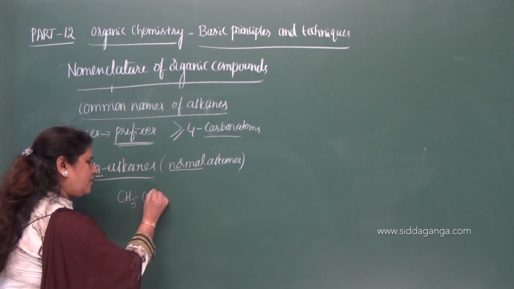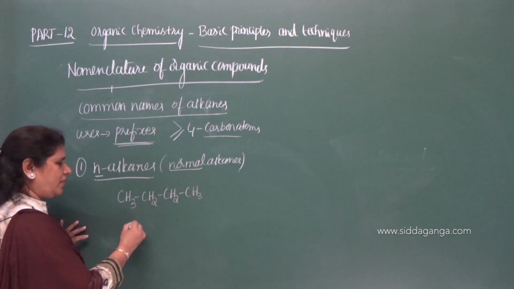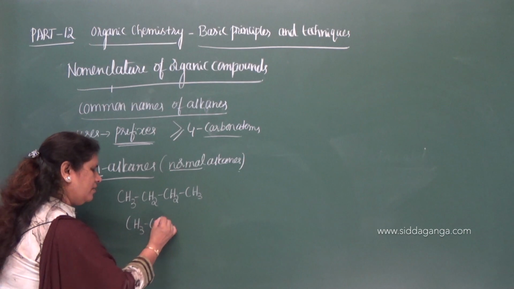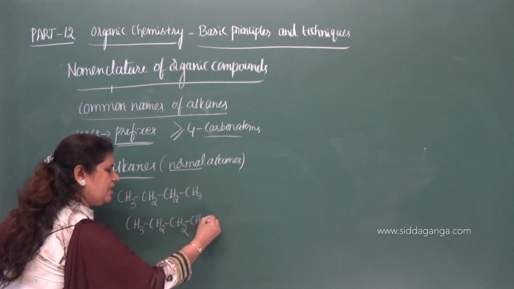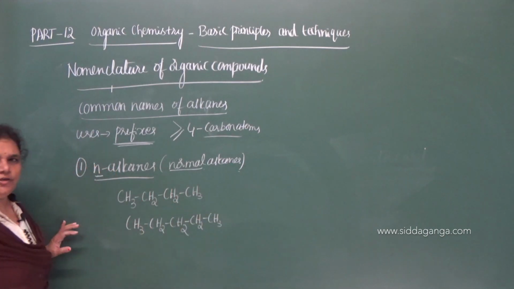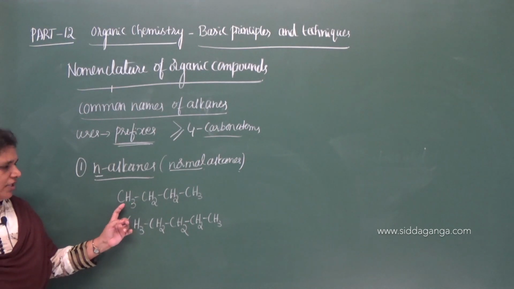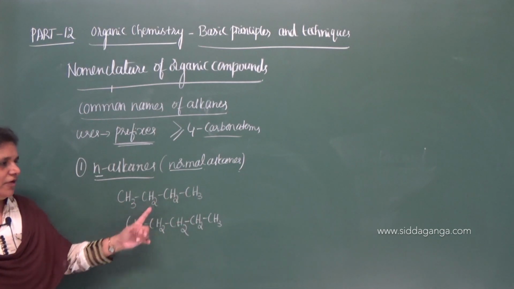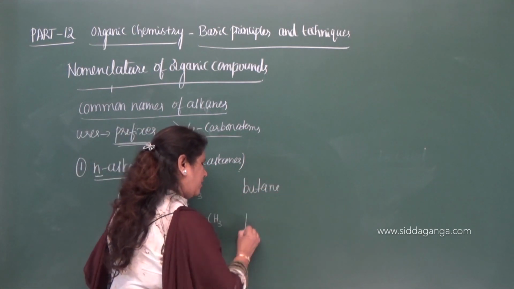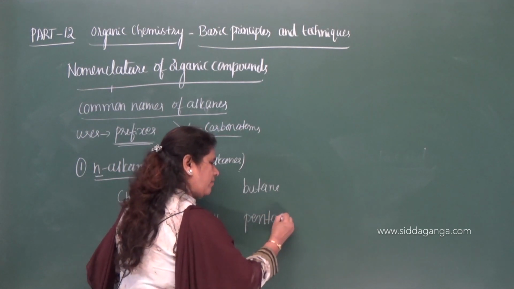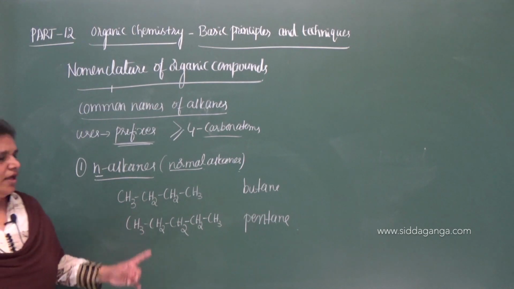Consider CH3, CH2, CH2, CH3 and CH3, CH2, CH2, CH2, CH3. These are the 2 alkanes I have taken. You know that 4 carbon atoms are here, therefore it is butane, and this one is pentane. I took the example of butane and pentane.